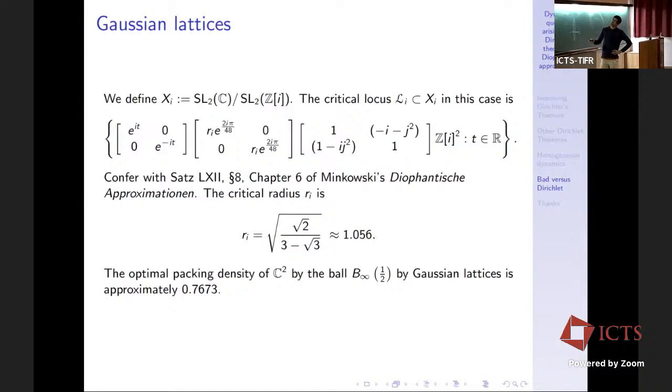This turns up because the norm or the convex body is invariant under this. This is cooked up to make the determinant 1. So what's really going on is something here. Again, this is a theorem of Minkowski. And yeah, the optimal Gaussian lattice packing of disk times disk is not as good as the optimal Eisenstein lattice packing of disk times disk.